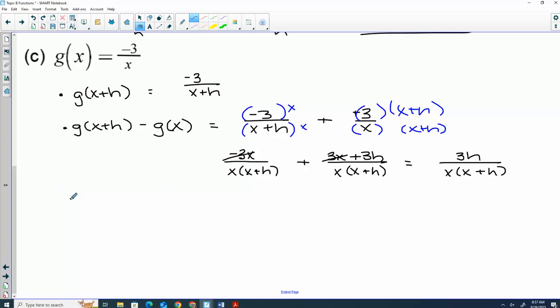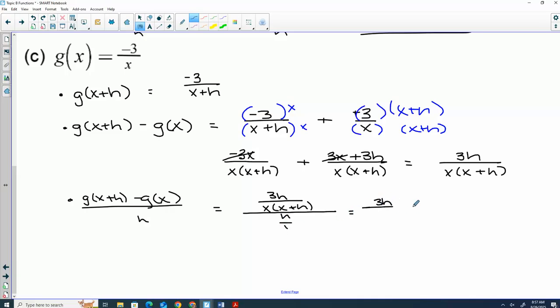So then the final step is to take the answer we just got and divide that whole thing by h. This is like h over 1. How do you divide fractions? When we do that, what happens?